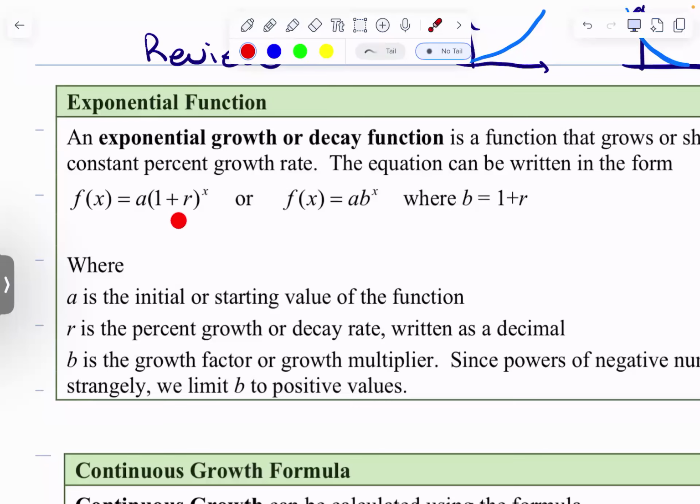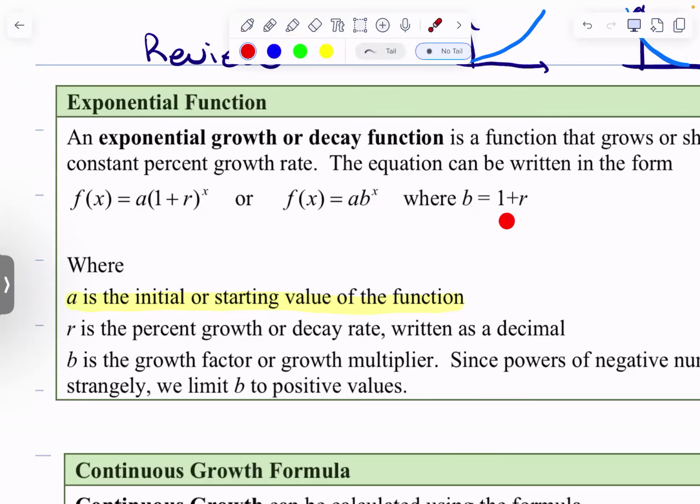Okay? If you're not given the rate, then usually you're either trying to figure out what this equation looks like, or just graphing it maybe, then this a times b to the x is going to be the easier version to work with. Notice that you have a in both scenarios, where a is the initial or the starting value of the function, so where you start, and then it keeps growing.